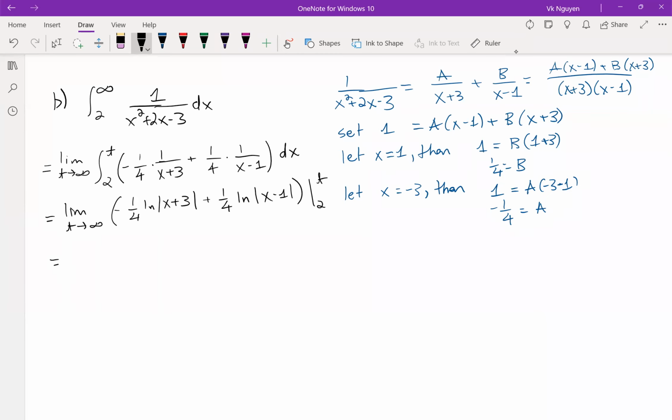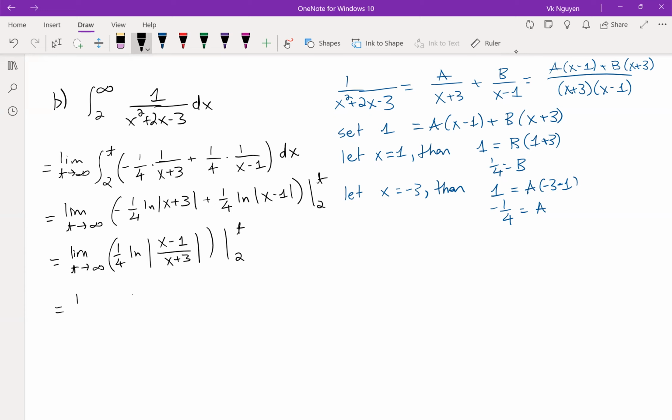We can condense them together and have the limit as t goes to infinity of 1/4 ln of the absolute value of x minus 1 over x plus 3, evaluated from 2 to t.